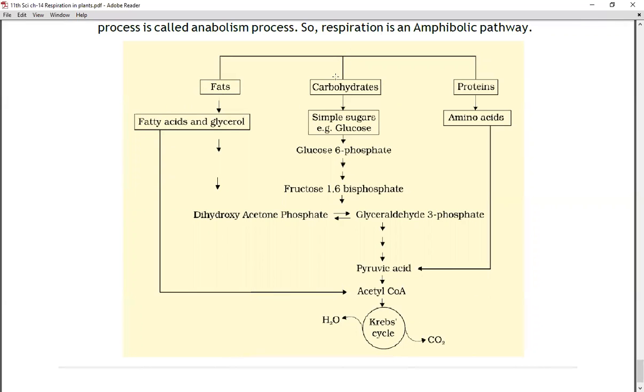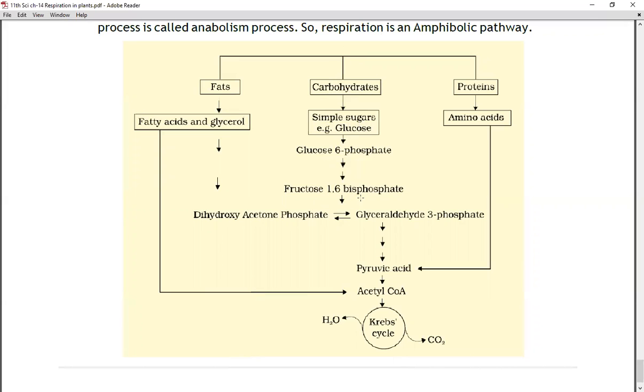Same way, the second is the carbohydrates. These carbohydrates are converted into simple sugars, that is, glucose, right? This glucose gets converted to glucose 6-phosphate. This glucose 6-phosphate gets converted to fructose 1,6-bisphosphate. So this is nothing but the glycolysis pathway.